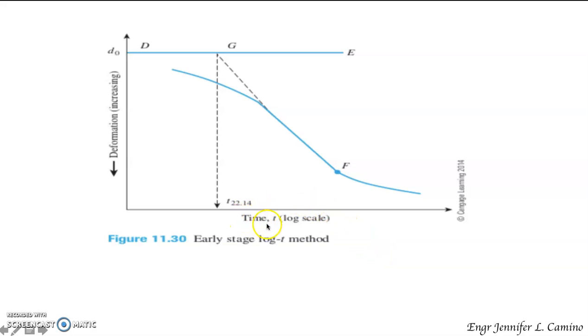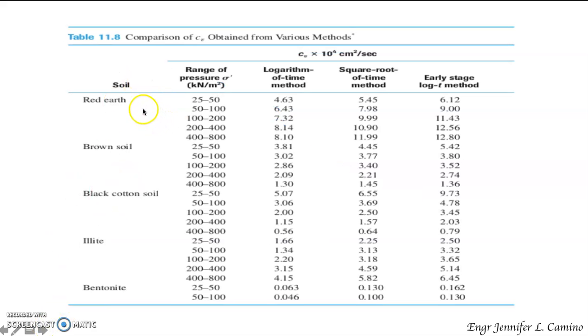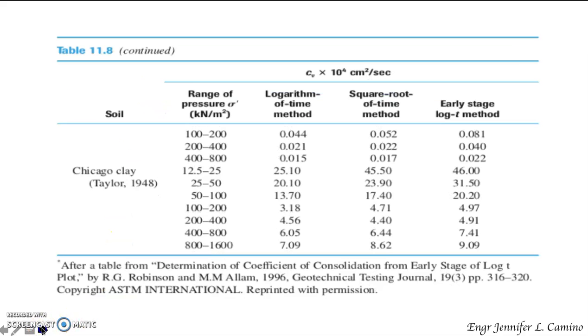We have plotted here our time versus our deformation. And we have here table 11.8, a comparison of C sub v obtained from various methods. This is dependent on the given soil sample. Still a continuation for the coefficient of consolidation.